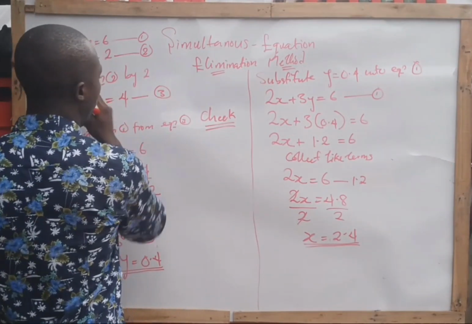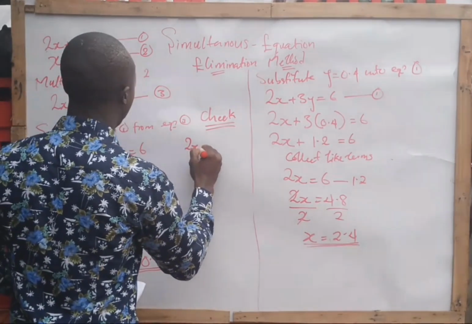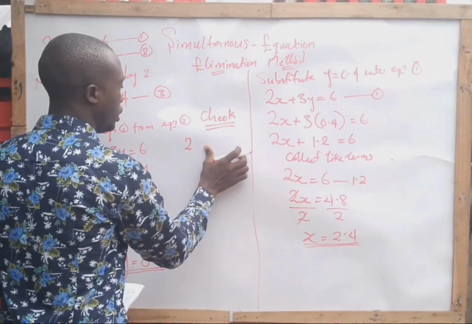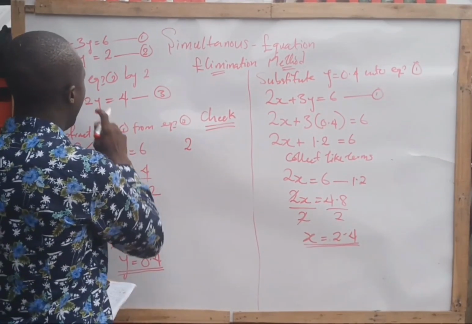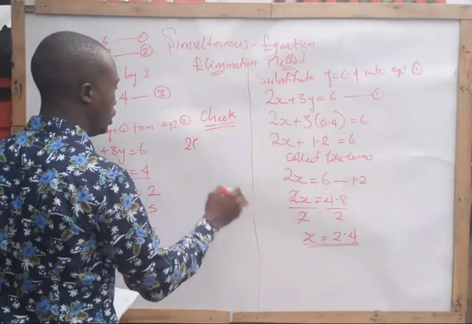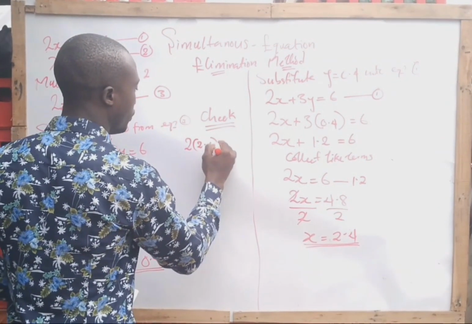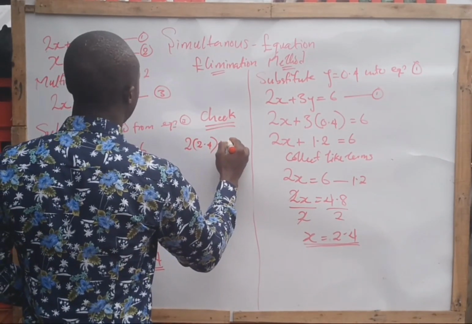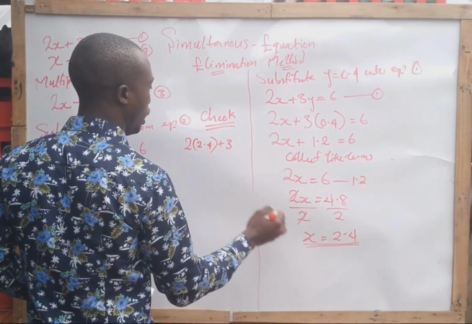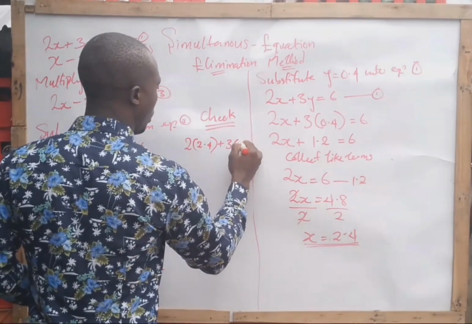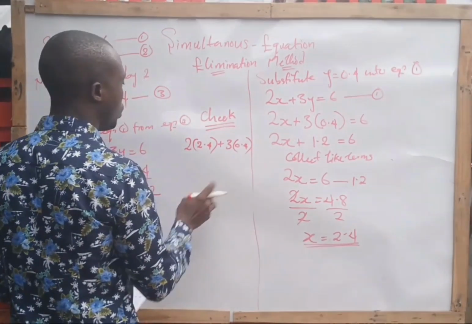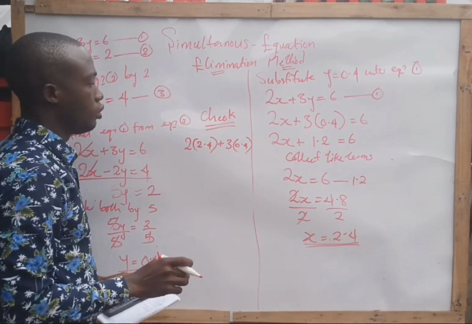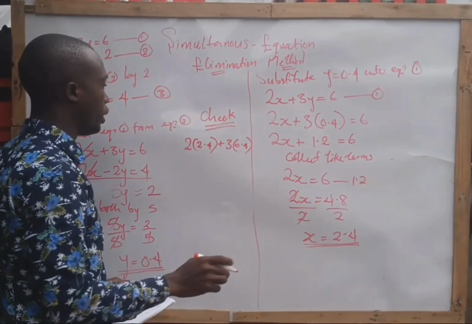So now equation 1 is what? 2x. Let's just go direct. 2 into bracket, our x is what? 2.4. Then plus 3, and our y is what? 0.4. So by the time the final answer was supposed to give us 6 to know if we are correct or not.